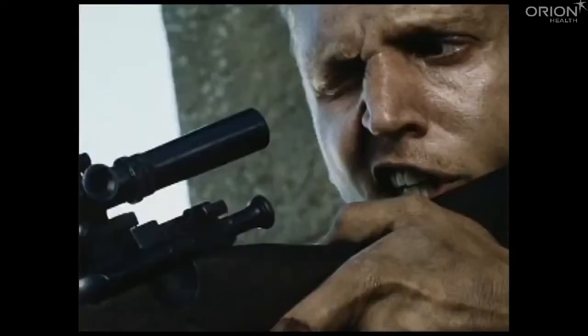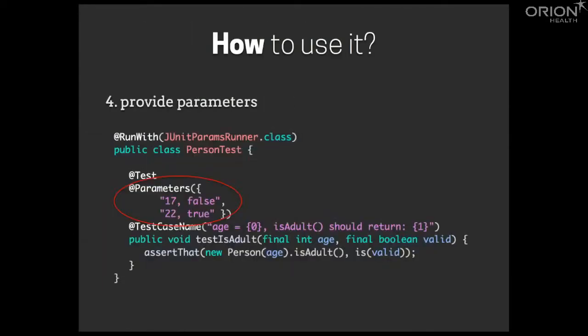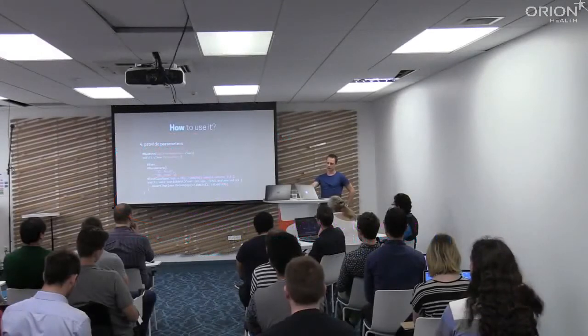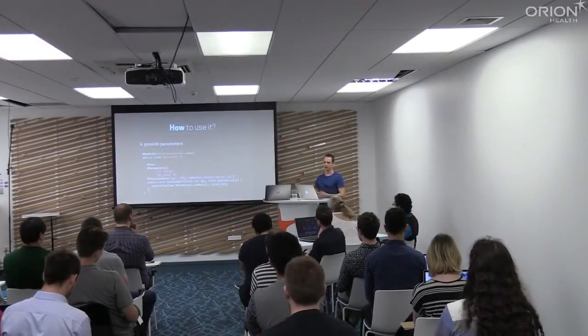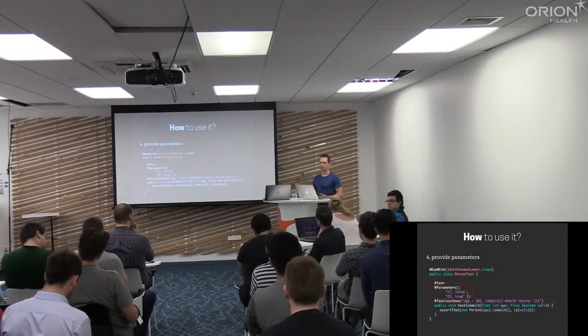So let me get back to that slide. Here, you will still have the parameters annotation, but instead of providing the array itself as a parameter, you provide a method name which provides the parameters. So this is one way. Another way is to have a separate provider class which can have multiple methods, and you specify which class and which method to use here.